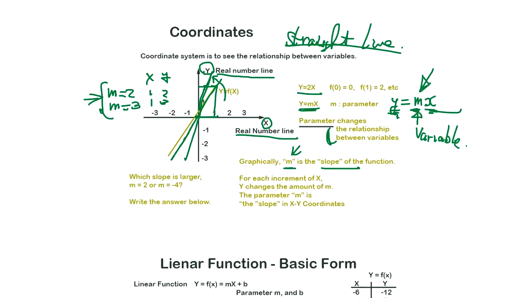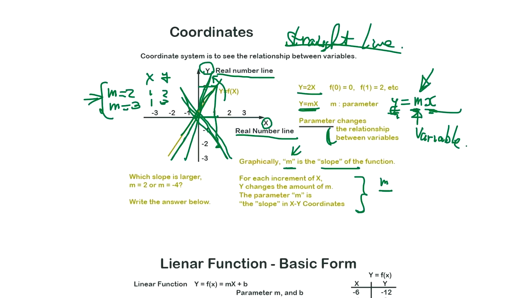X is 1, y is going to be negative, so it's a negative slope. It's sloping down instead of sloping up, right? So for each increment of x, y changes the amount of m. The parameter m is the slope of xy coordinate. When you draw the linear function on the graph xy, m is parameter and called slope.